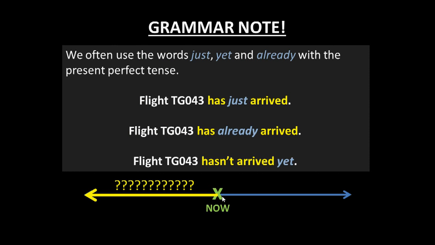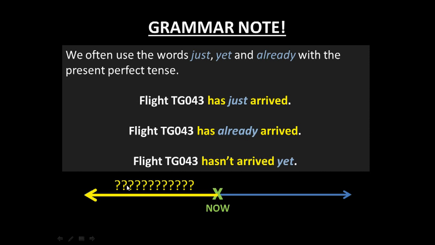As a side note, remember that we often use the words just, yet, and already with the present perfect tense. For example, flight TG043 has just arrived. Here, just means recently, just before now. Or, flight TG043 has already arrived.